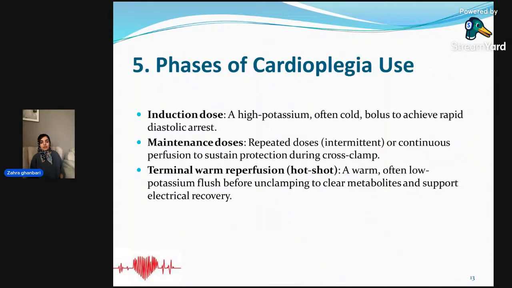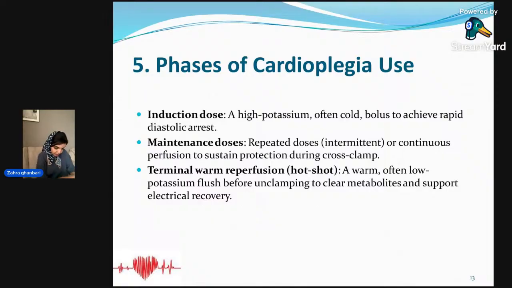Yes, phases of cardioplegia use. Number one is the induction dose. It rapidly stops the heart, and a higher potassium concentration is used. Then the maintenance dose is repeated every 20 to 30 minutes, or given as a continuous infusion, with potassium lower than the initial dose.